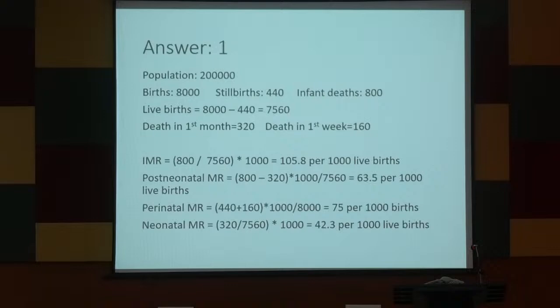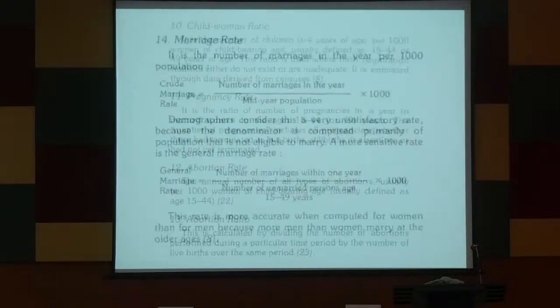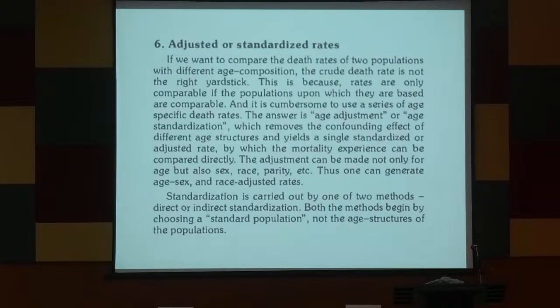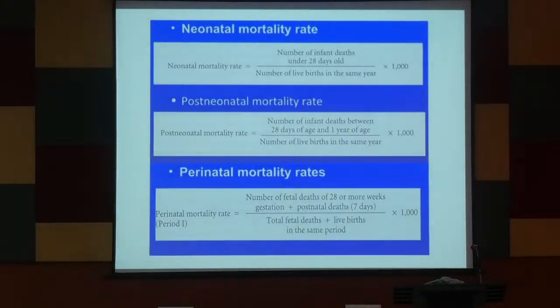The formula for perinatal mortality was: number of fetal deaths of 28 or more weeks gestation plus early neonatal deaths, and the denominator is total fetal deaths plus live births, meaning total stillbirths plus live births.